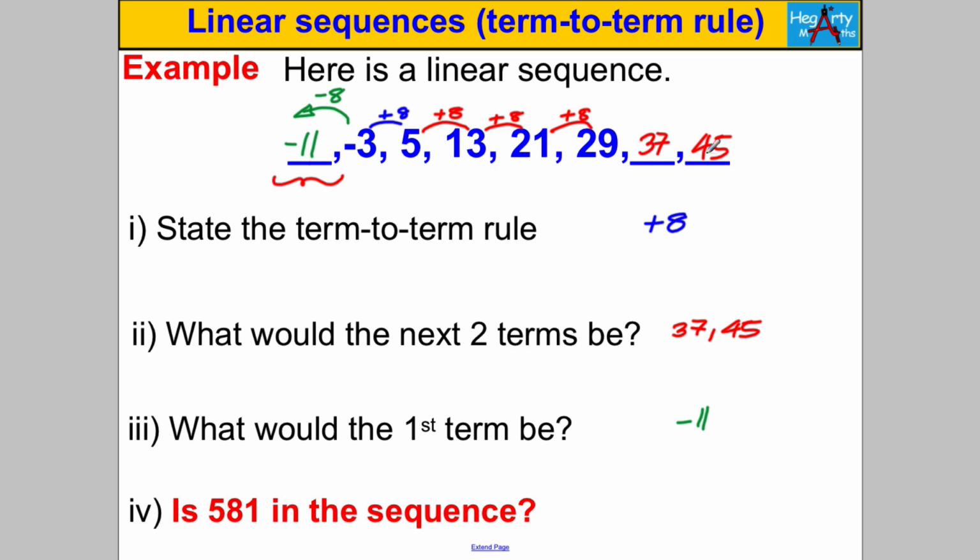That's a long process. So the next set of skills are going to be us finding a way or a formula or what's called the nth term of a sequence to be able to answer these type of questions much easier without having to use the term to term rule and just count on all the time. So in the meantime, you could have a think about that and think, can you get there a quicker way than just adding 8 on each time?